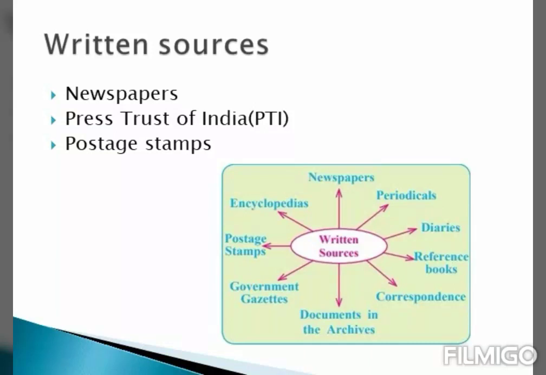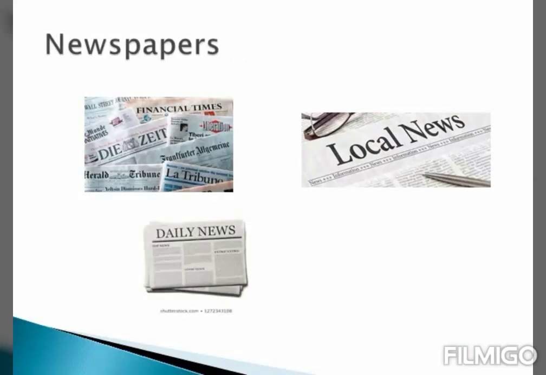The place where historical documents are preserved is called archives, and the main office of the National Archives of India is at New Delhi. Newspapers. The newspapers are considered the fourth pillar of democracy in the modern period.